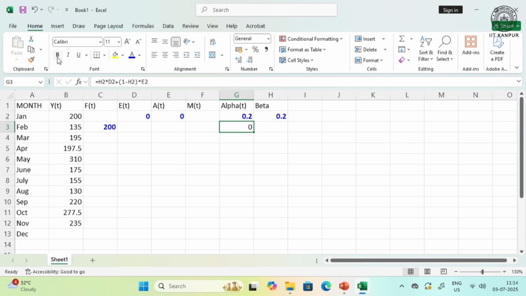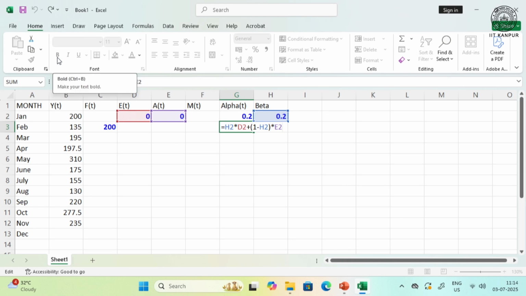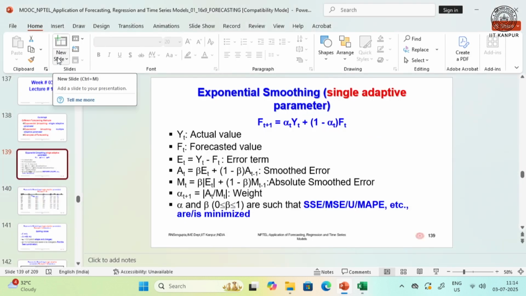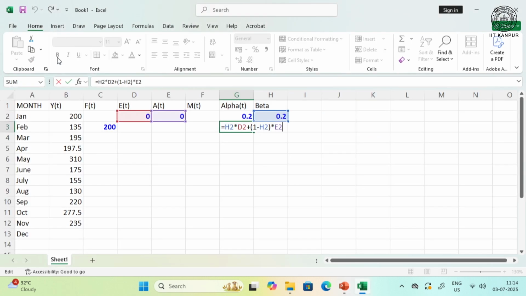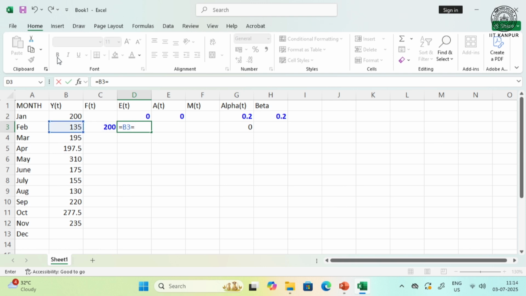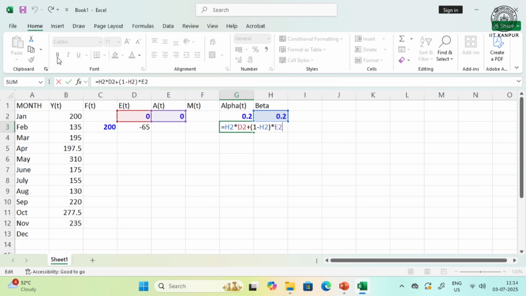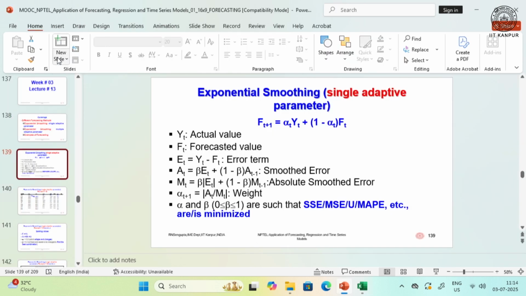So you have the value as found out. Let me double check. So this is beta et plus 1 minus beta and at. So obviously, yes, this is a question. If I consider this, it will be beta into et.